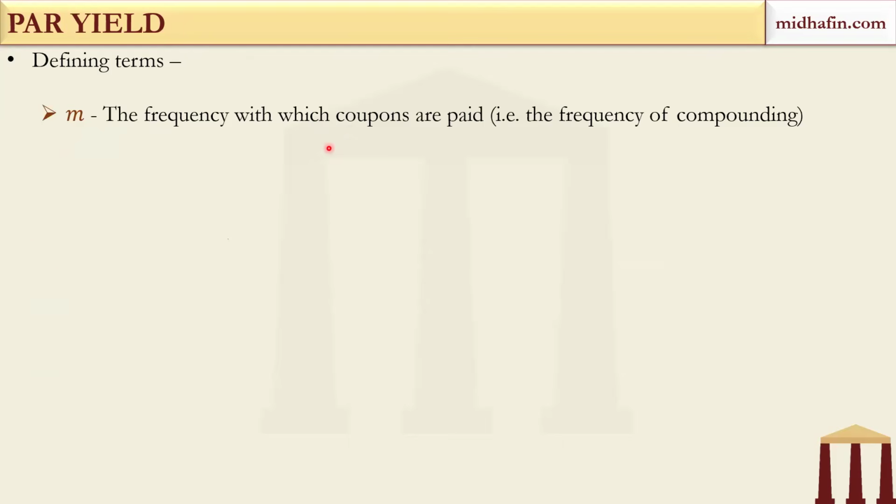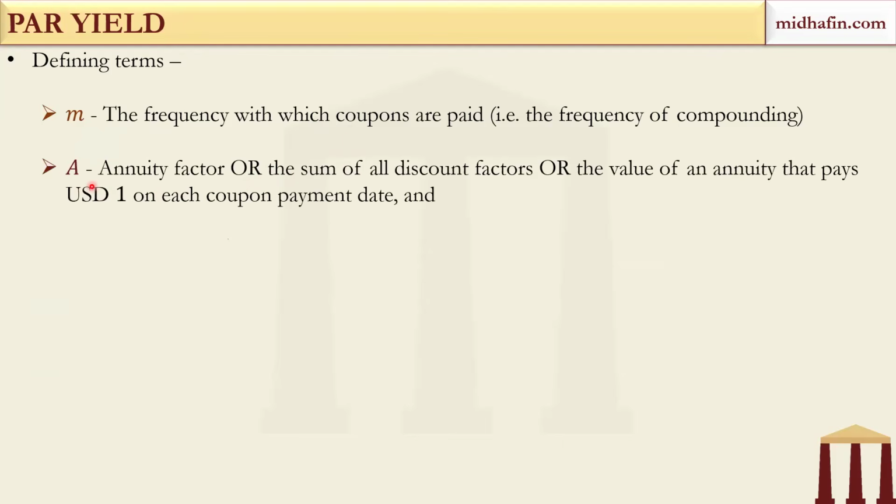You define M as, of course, the compounding frequency. It's quite obvious. You define A as the annuity factor, or the sum of all discount factors. This is the way in which the Garp book has defined it, the value of an annuity that pays $1 on each coupon payment day. But we will remember it this way because it makes our job easier.